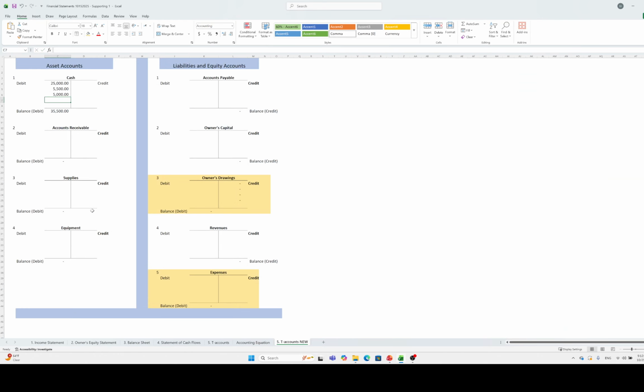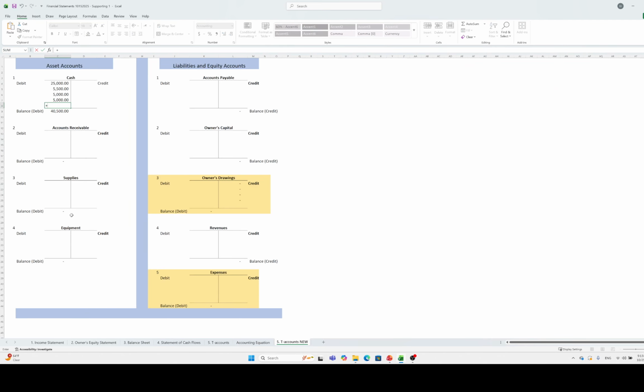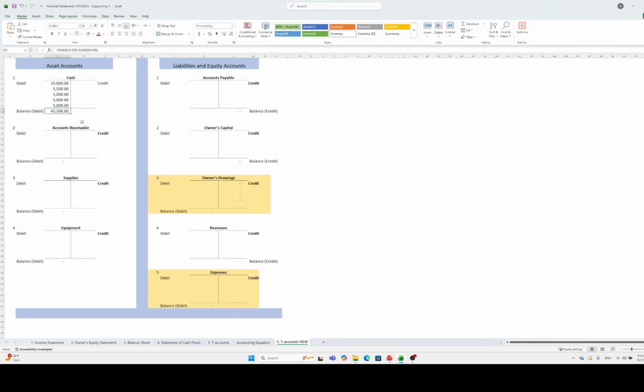So wait a minute. We got 5,500, and then we got 5,000. Then we've got the next 5,000, which is positive. Then we've got the last $5,000. So altogether, the sum of all this is $45,500.